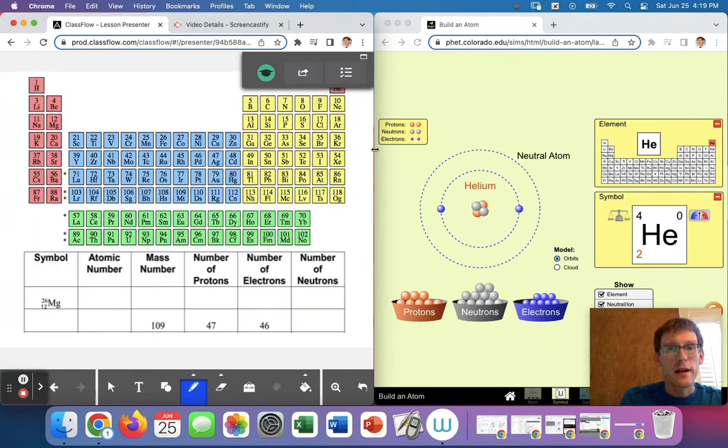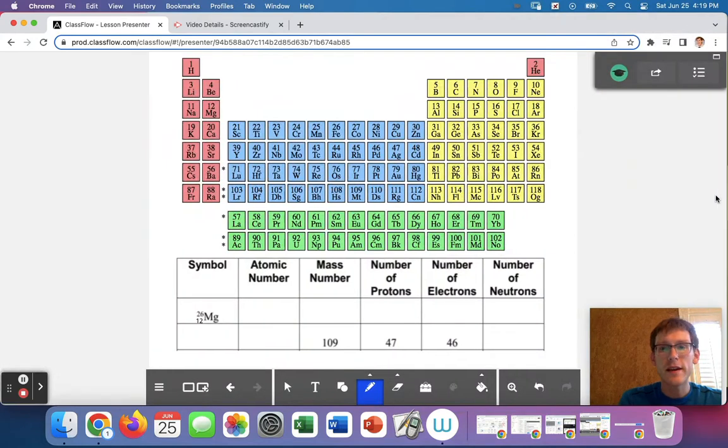So let's do some practice. Let's say that we've got this table to fill in, and we know our symbol for a substance is 26/12 Mg. Well, the bottom left is the atomic number, and that is 12, and the atomic number is the number of protons. The number of electrons is going to be equal to the number of protons because there's no charge specified.